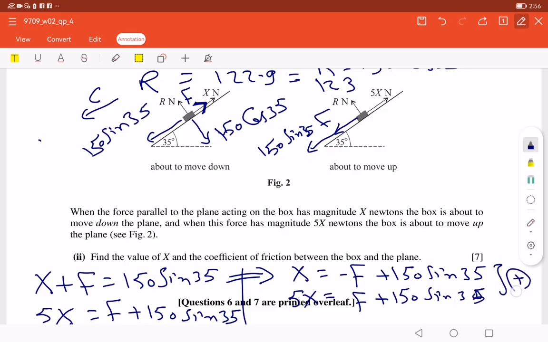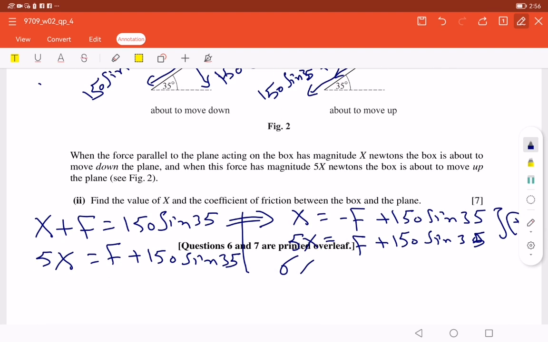By adding the two equations to get 6x equals, negative 5 plus 5 gives 0, and now 150 sine 35 plus 150 sine 35 equals 300 sine 35. Divide all by 6 to get x.